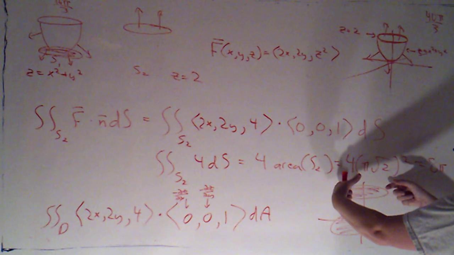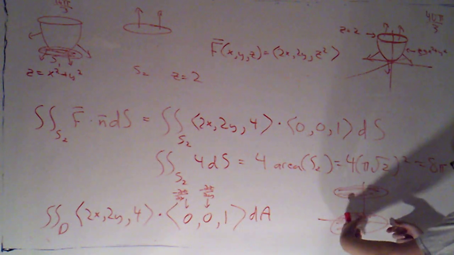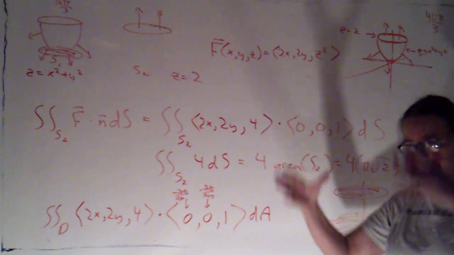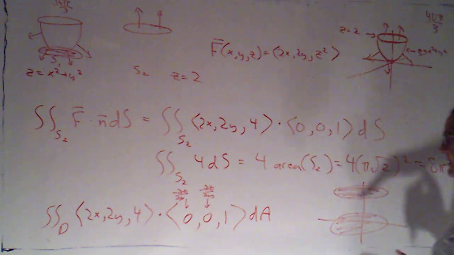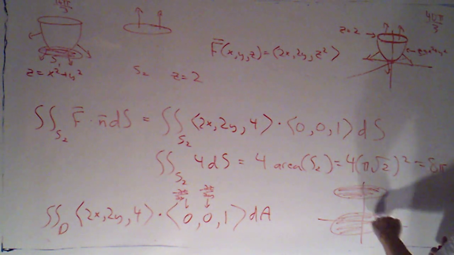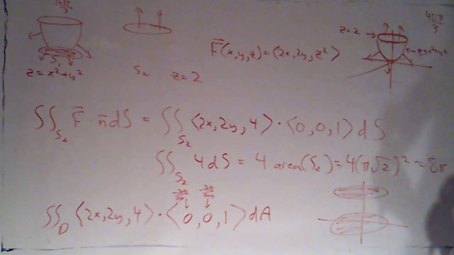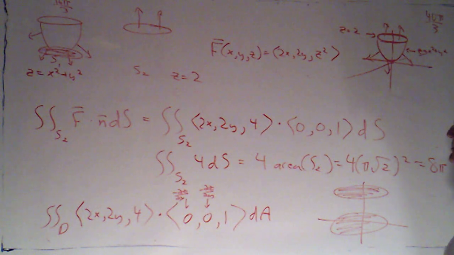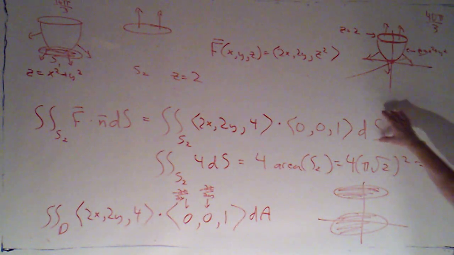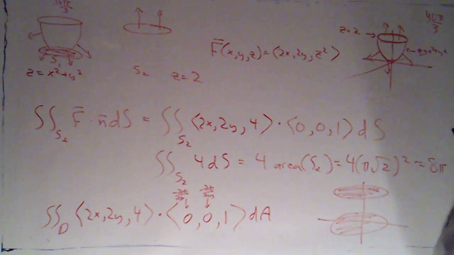and I can really sort of see that geometrically, because if I take this disk and I just drop it onto the xy plane, I'm not stretching it, I'm not shrinking it, I'm completely preserving its area. So the surface area that I get in 3 space is identical with the flat area I get when I project onto the xy plane in this particular case. So it's totally fine to keep it as a surface integral and just recognize that you're integrating a constant.